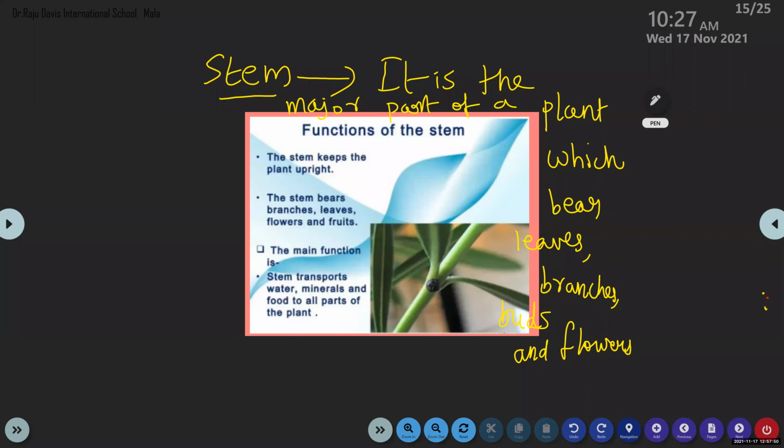It is the major part of a plant which bears, B-E-A-R, means which is holding, not the bear, Karadi, not that one. Which bears leaves, branches, buds and flowers. Some stems also have thorns, like the rose bush or rose plant. Thorns also they bear on the stem. Correct? Yes, ma'am.